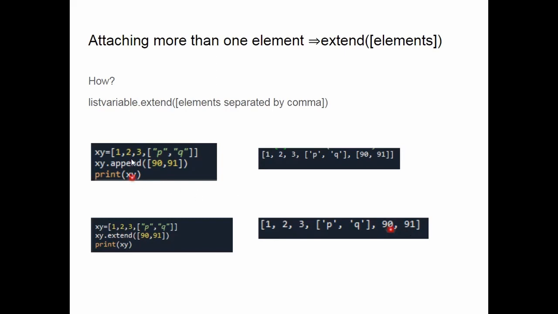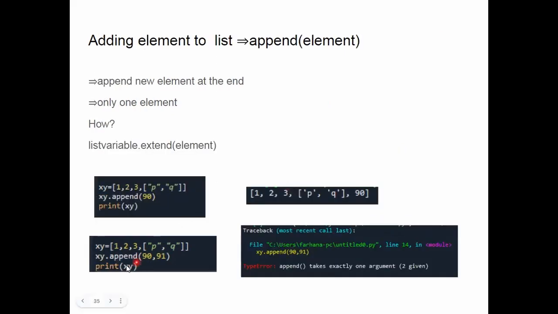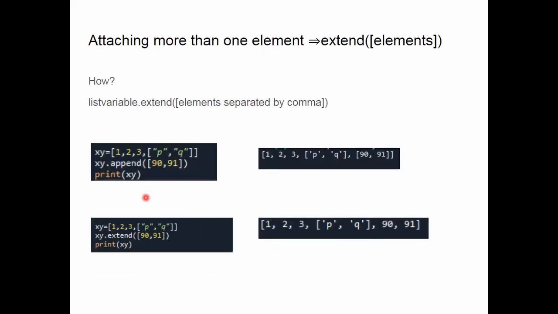But if we append using the square bracket notation, that will be appended as a sublist. First of all, using the append function, only one element will be added as an element. So if you want to add more than one element as individual elements of your list, I have to use the extend function, and within the parentheses I have to put the square bracket, otherwise it will generate an error message.